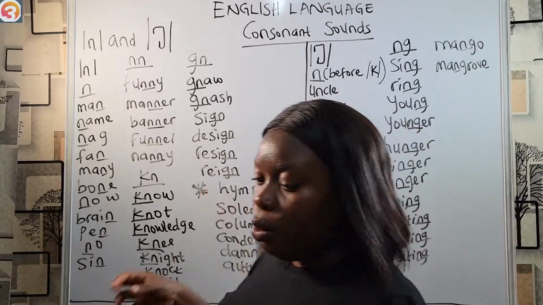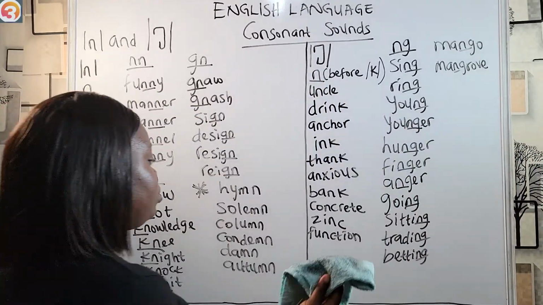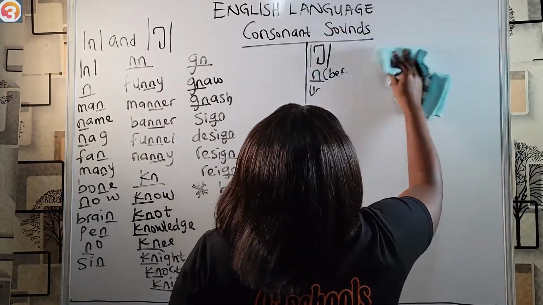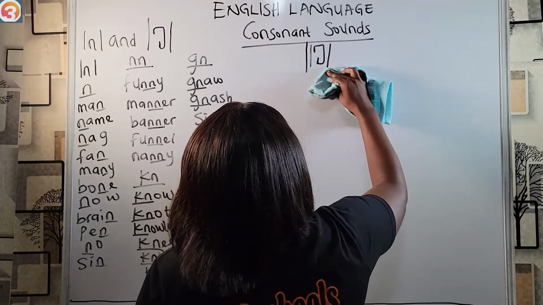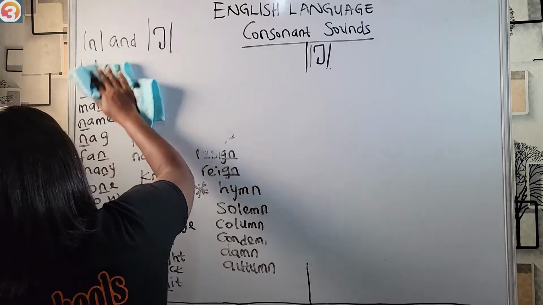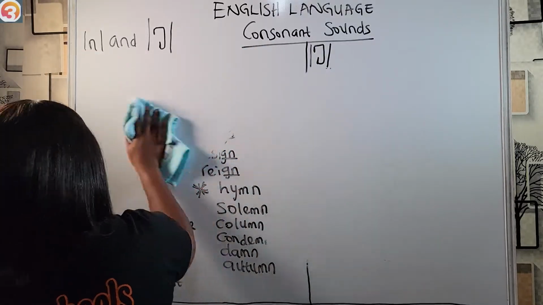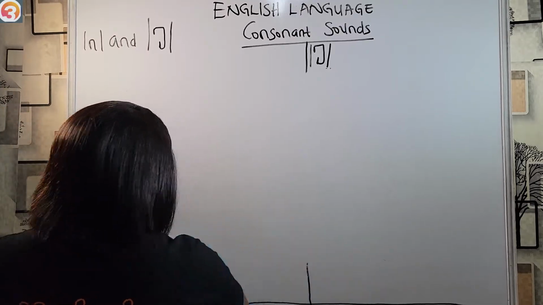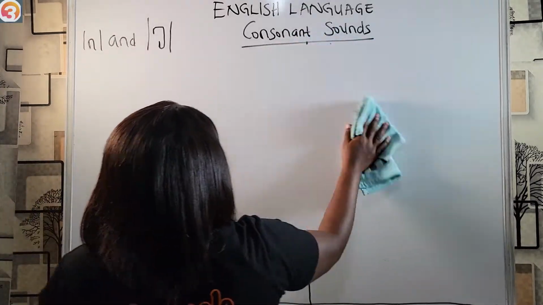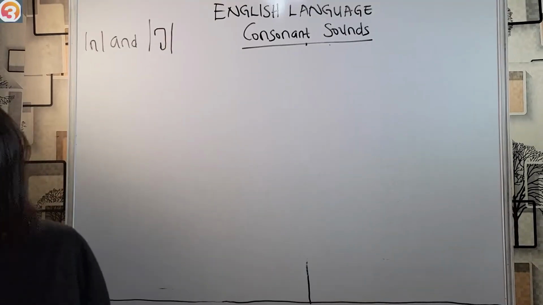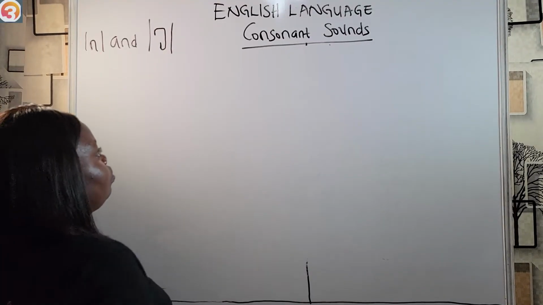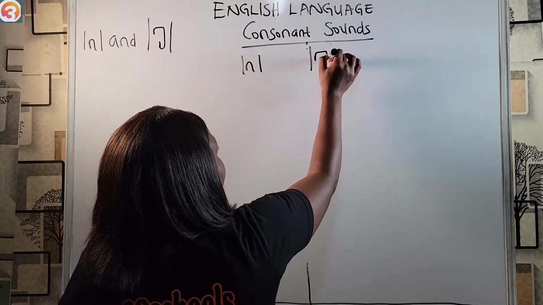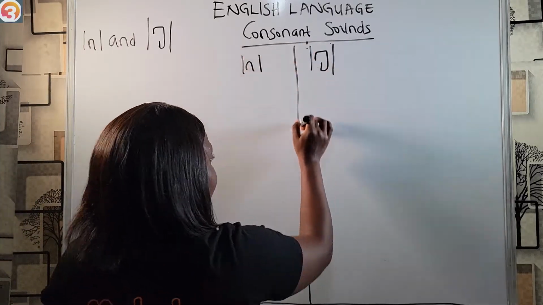Now we try and compare these two sounds with minimal pairs. We've said minimal pairs of words are words that have similar pronunciations, just a slight difference. So let's compare n and ng.